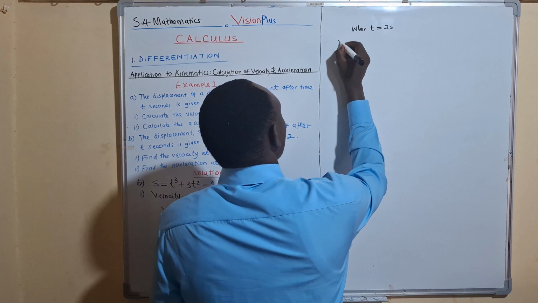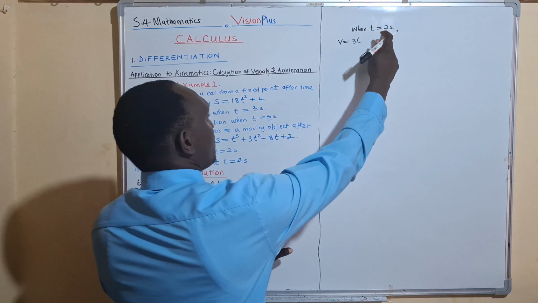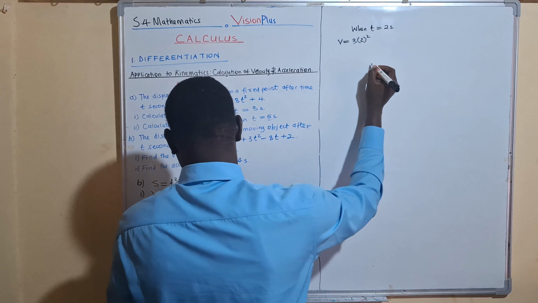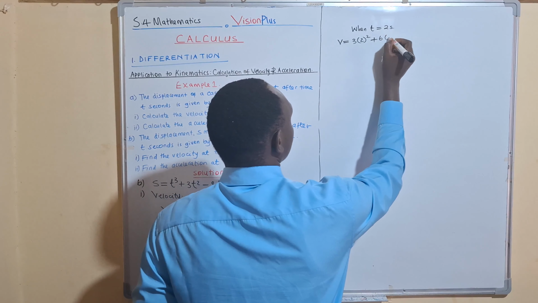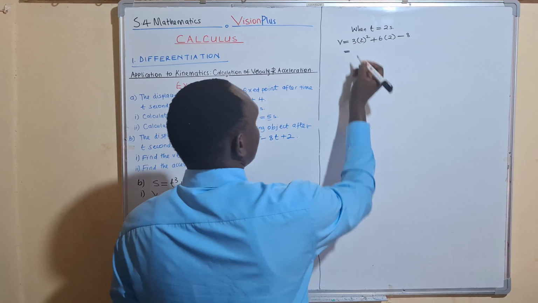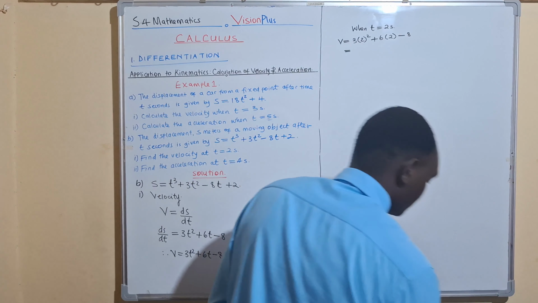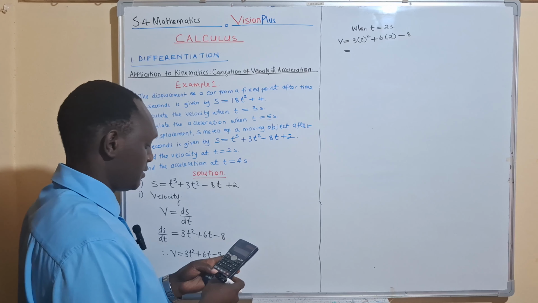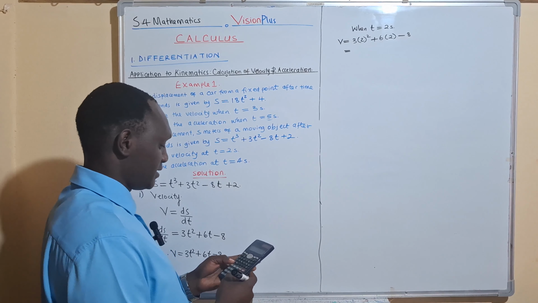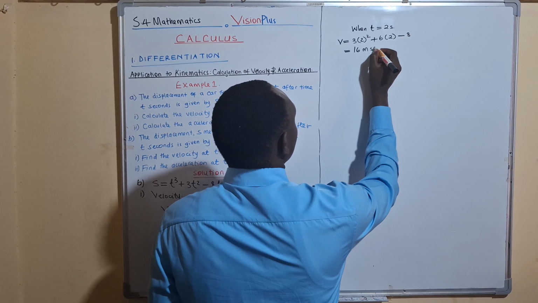Therefore, our velocity now becomes 3t, our t now is 2, but it's t squared, so square 2, plus 6t, our t is still 2, then minus 8. Then we simplify this. It is 12 plus 12 minus 8, which is 16. 2 squared times 3, plus 12 minus 8, 16. 16 meters per second.